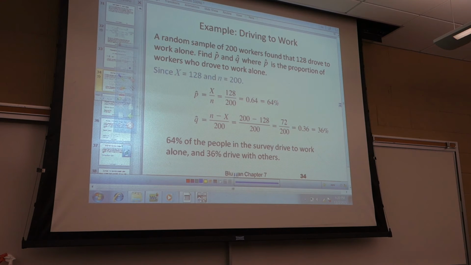Everybody find p hat. Bottom of the page, write down n equals, x equals, p hat equals, and q hat equals. So find those things, fill them in, find p hat, find q hat.